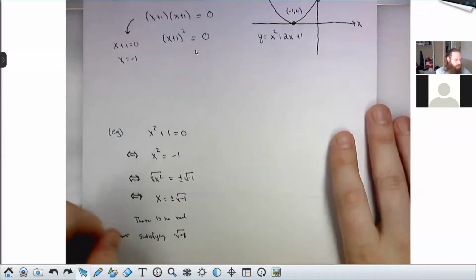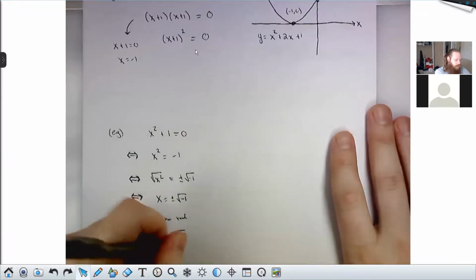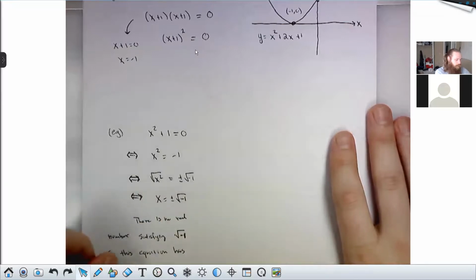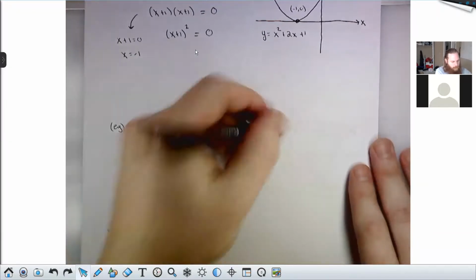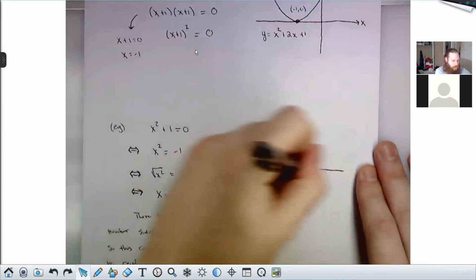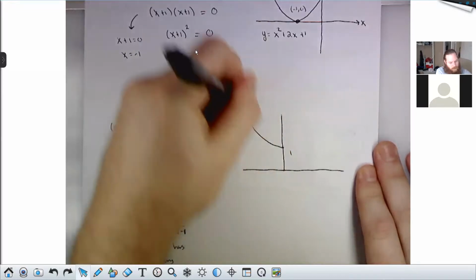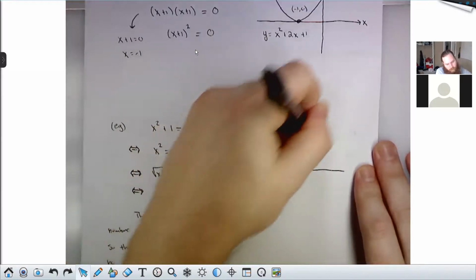So this equation has no real solutions, and the corresponding graph looks like this.